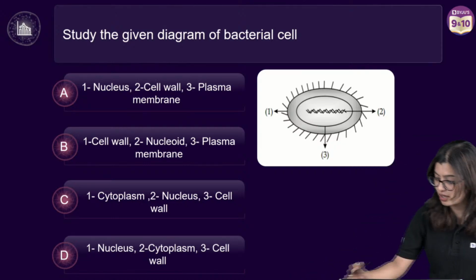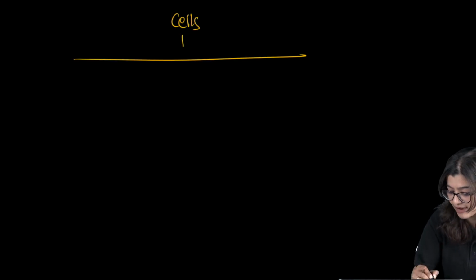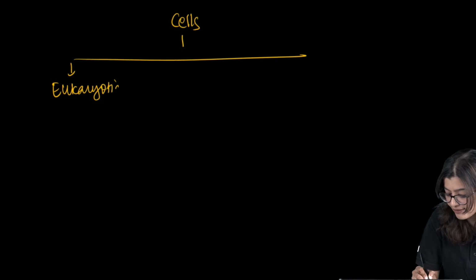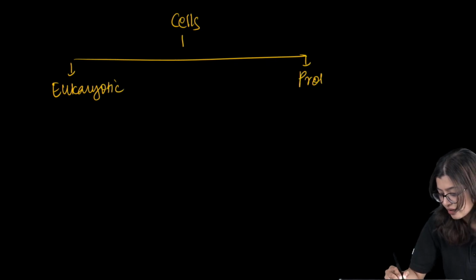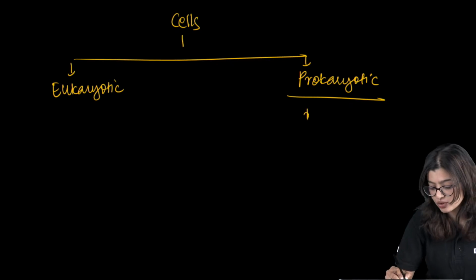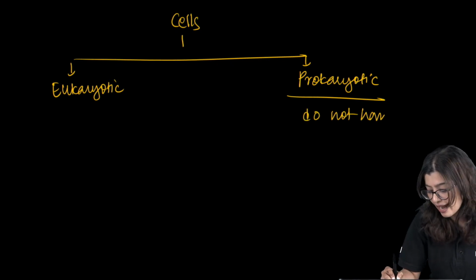So in this particular question, what is nucleus? Now you know that cells can be broadly classified into two. We have eukaryotic cells and we have prokaryotic cells, right? Now what are prokaryotic cells? Prokaryotic cells do not have a well-defined nucleus.